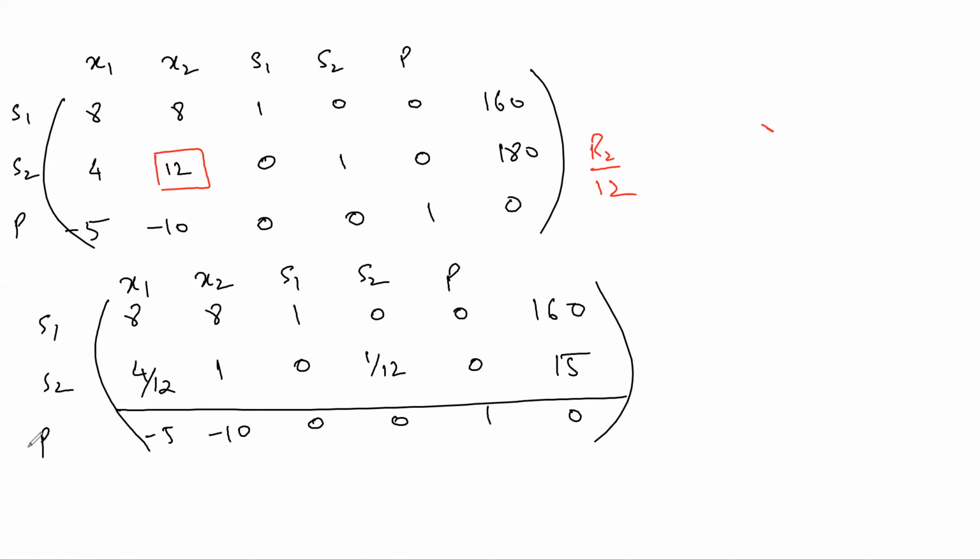Now with the help of this one, I will make 0 here and 0 here. We apply row operations as we did in chapter 4. You know how we do this. You are quite expert in applying row operations.